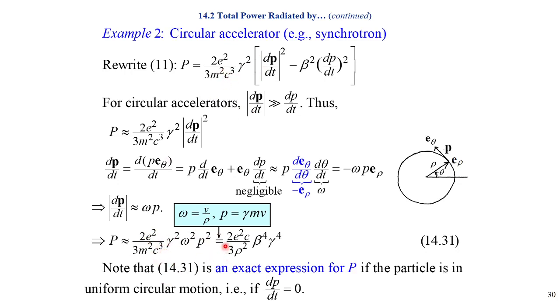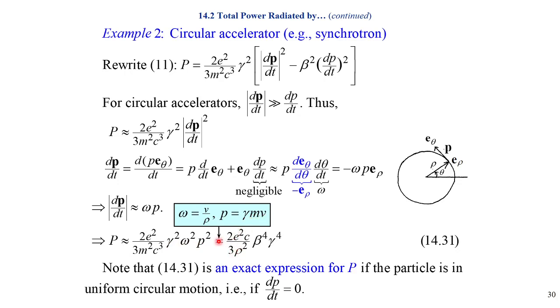Okay? And omega equals velocity divided by radius. That is, velocity equals omega times the radius rho. And P equals gamma m v.